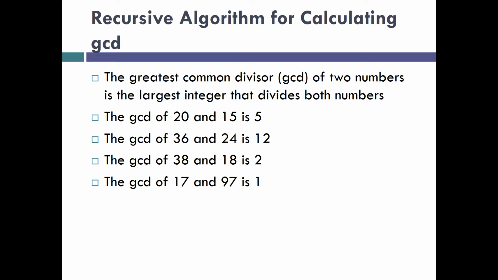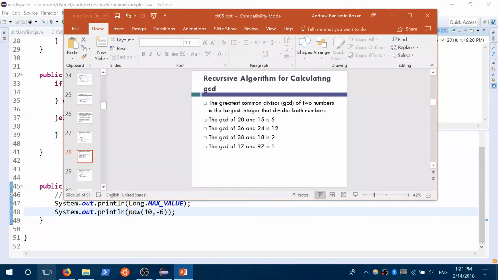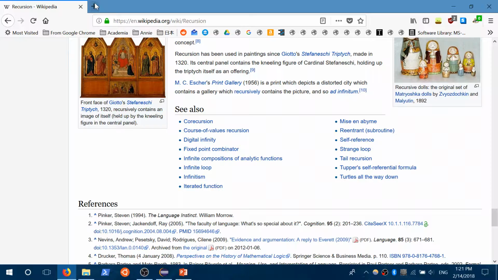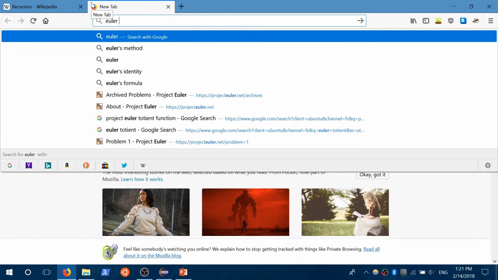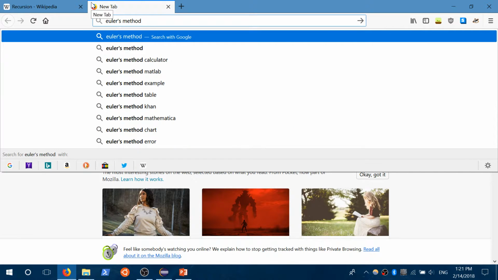Now, if you're like me, when you had to do these things, you solved them by brute force, right? You just simply try to figure out what the factors are for one and the factors are for the other, and that took forever, but you would get the correct answer most of the time, right? So instead, we're going to use, what is it? I always get the two confused. I think it's Euler because he's on everything. Euler's method, GCD, or is it Euclid?